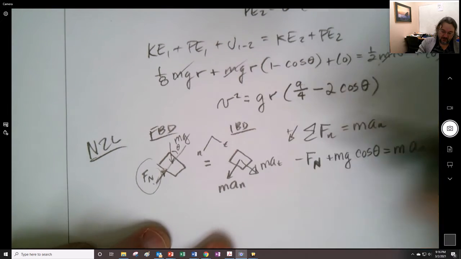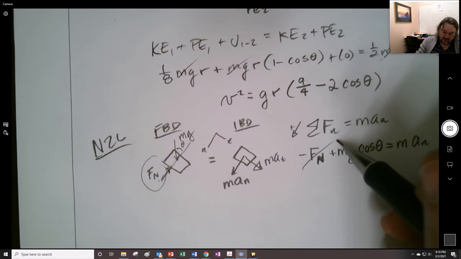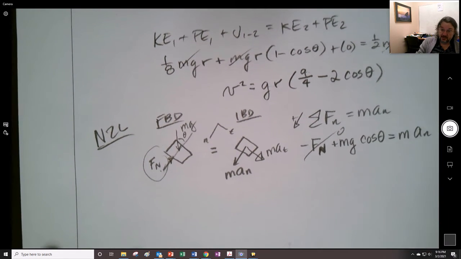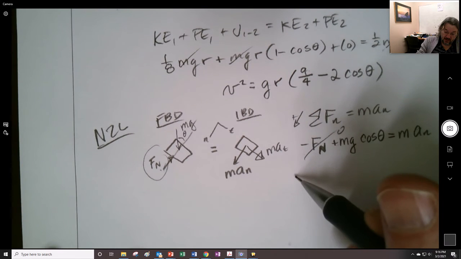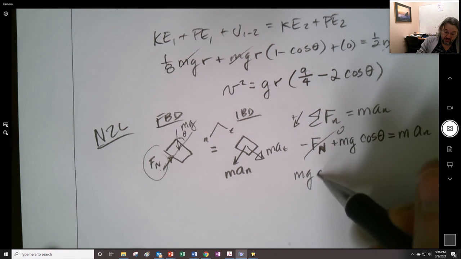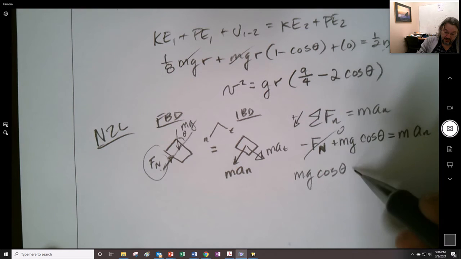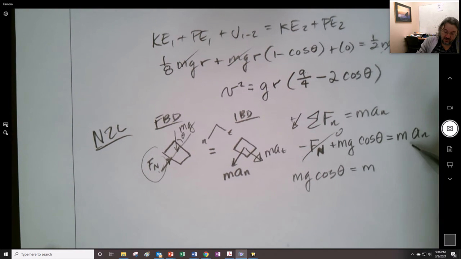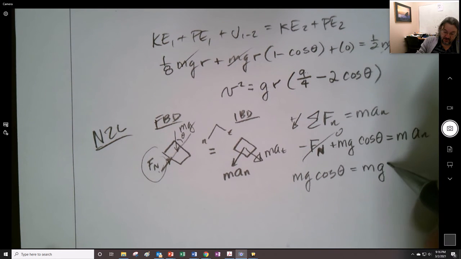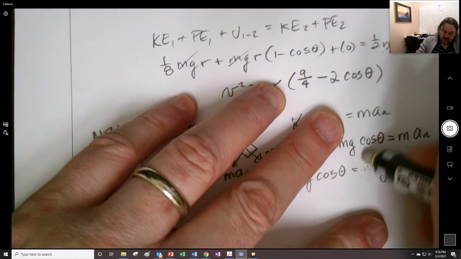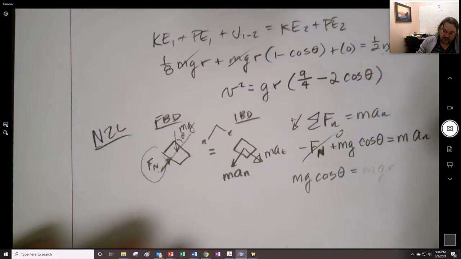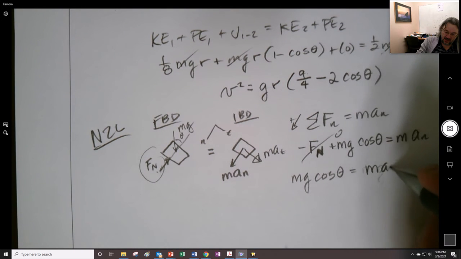It's the only thing going on in normal acceleration, but that's going to be 0 when this thing leaves. And so what we're going to have is mg cosine of theta equals m, and then times our gr. Oh no, I'm sorry. Stop. We're jumping the gun. m a_n.